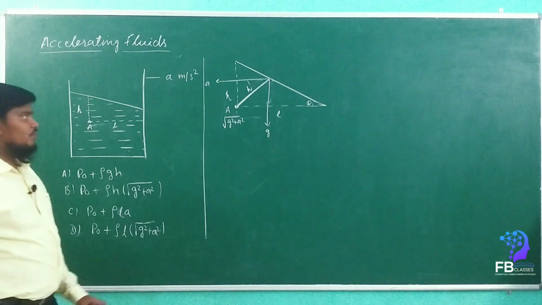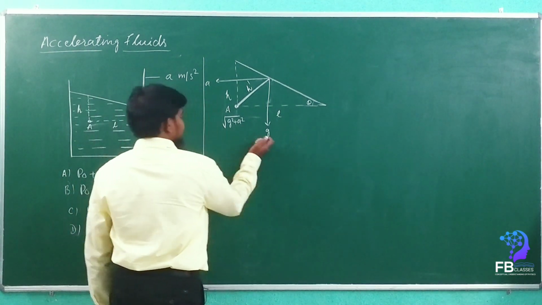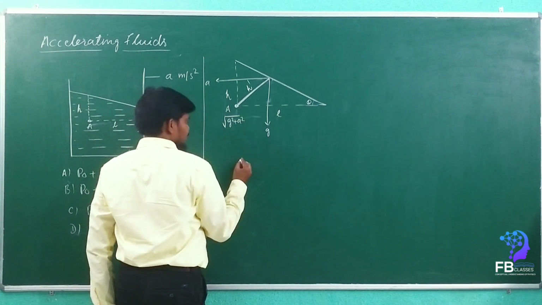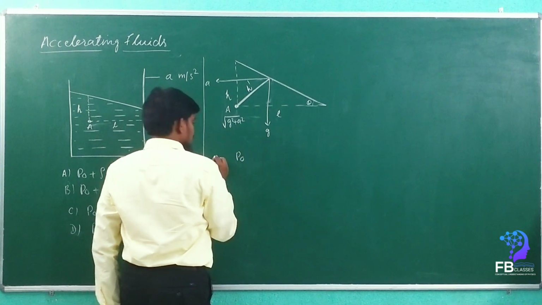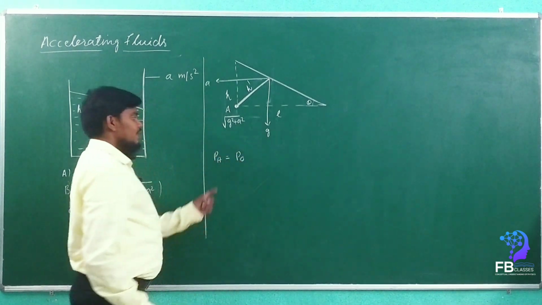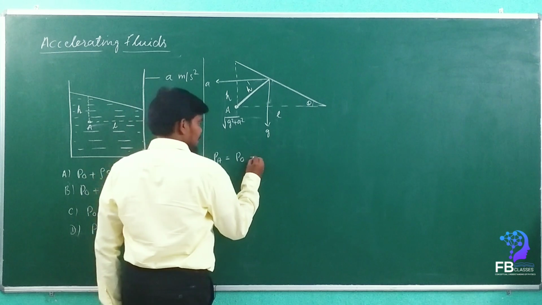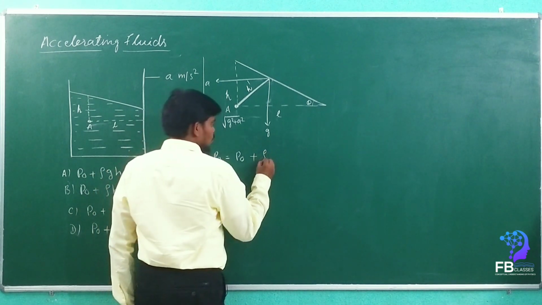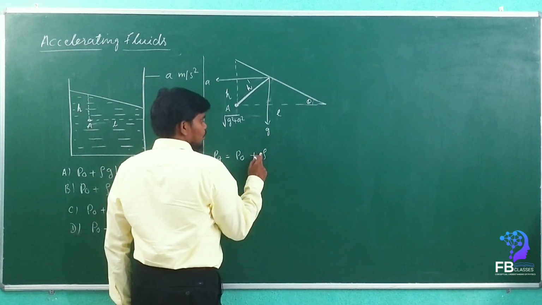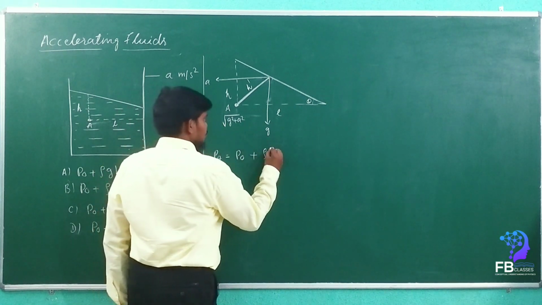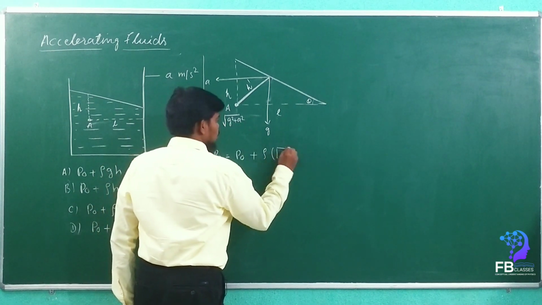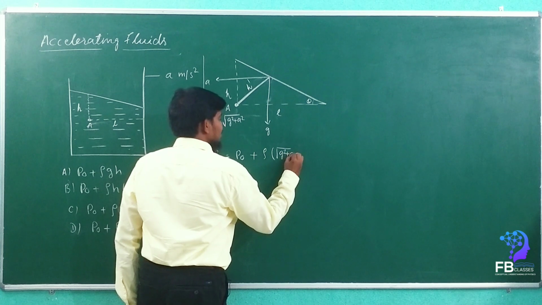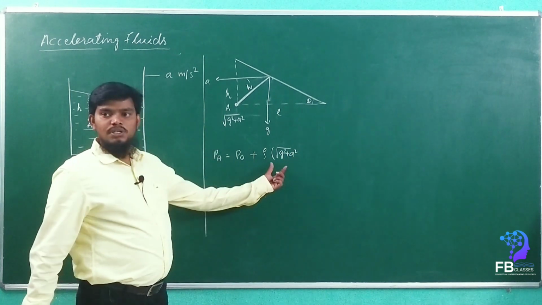Understand everyone? Now see here, at point A the pressure PA is P naught plus rho, and this root of g square plus a square is the effective gravity.